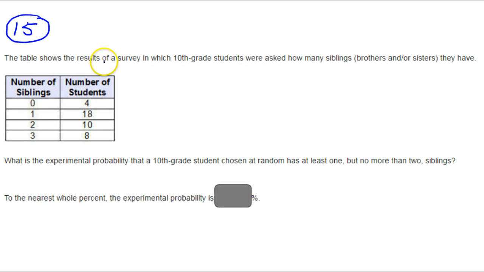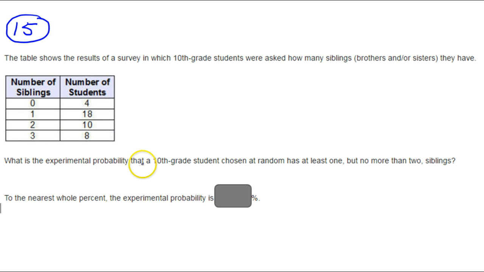The table shows the results of a survey in which 10th grade students were asked how many siblings, brothers or sisters, they have. So, number of siblings and the number of students that had that many siblings.